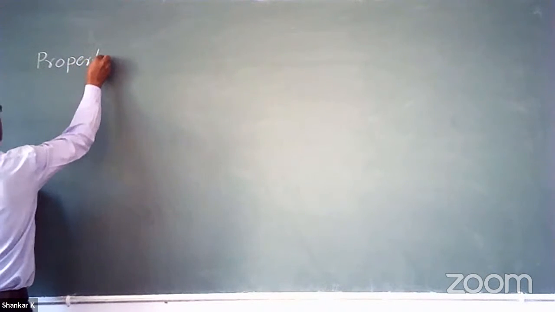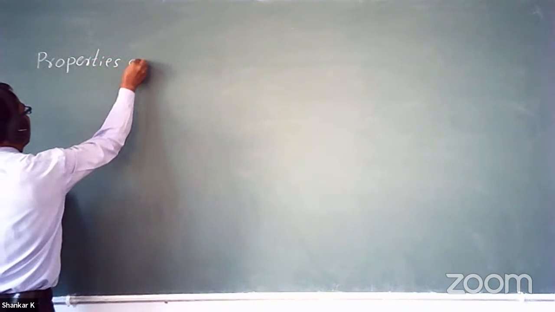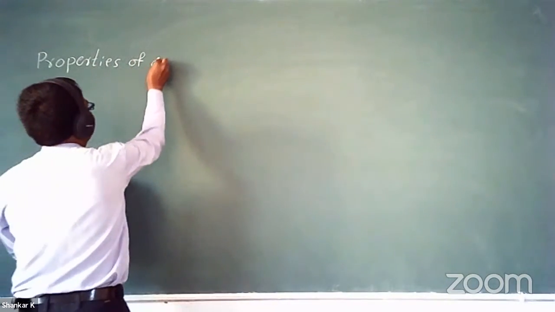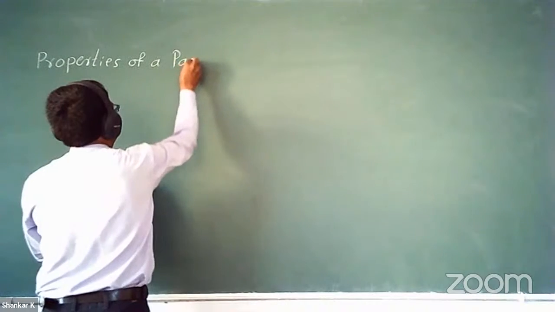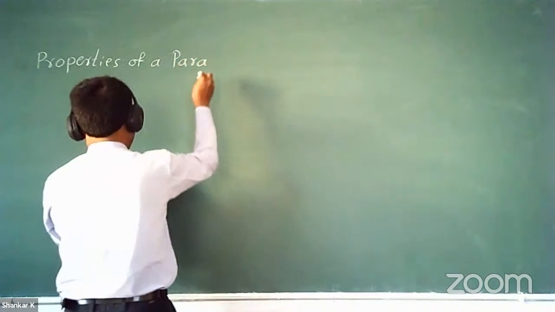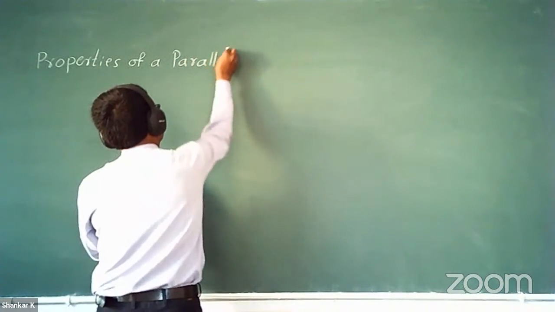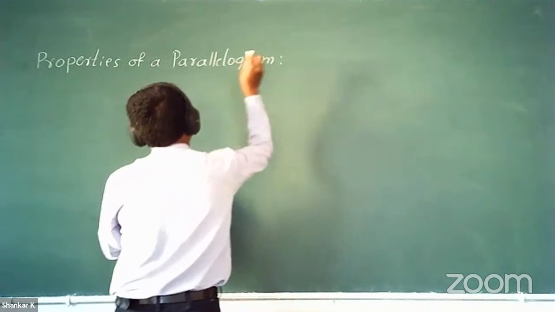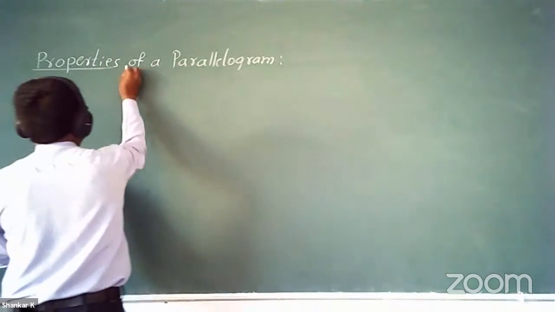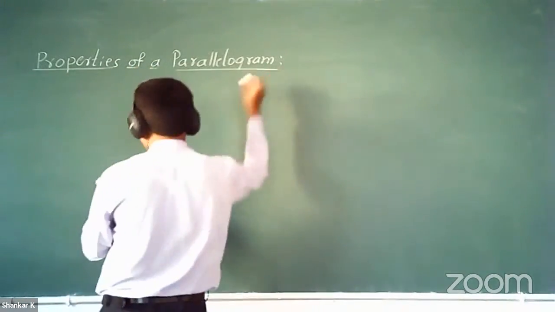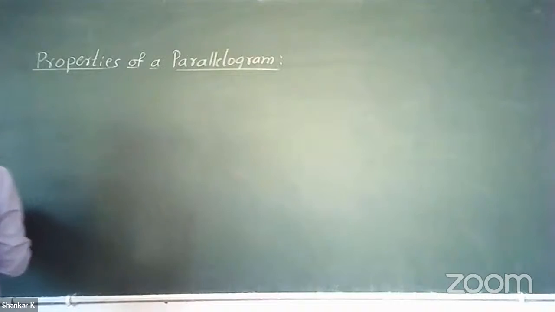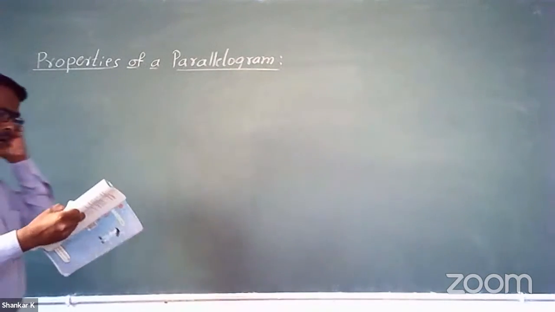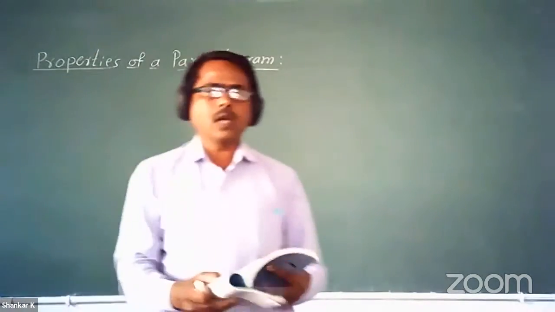Properties of a parallelogram. The first property is a diagonal of a parallelogram divides it into two congruent triangles.